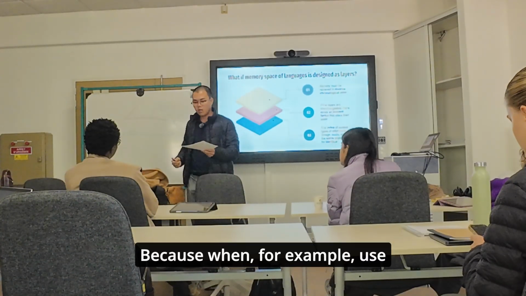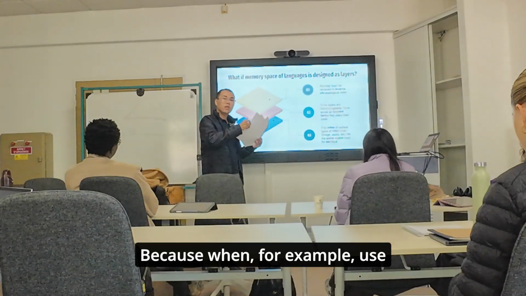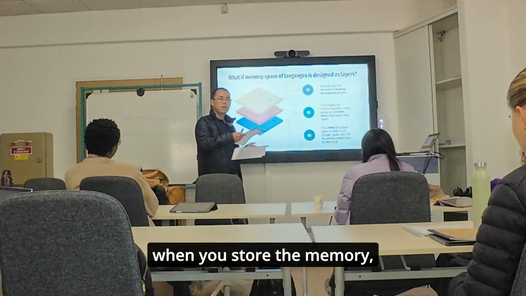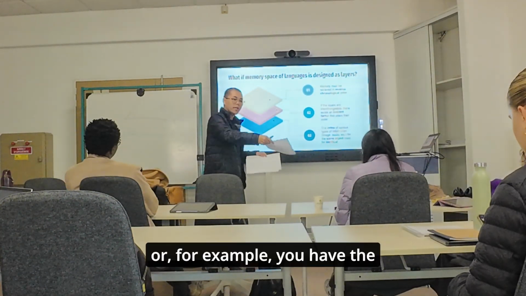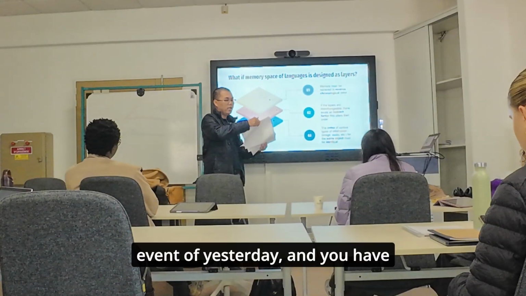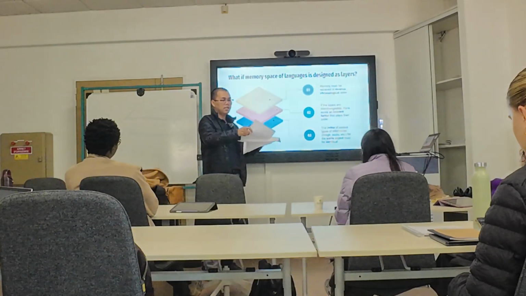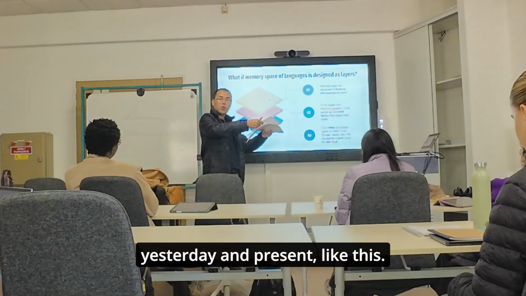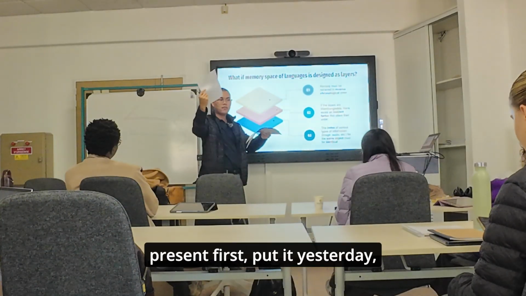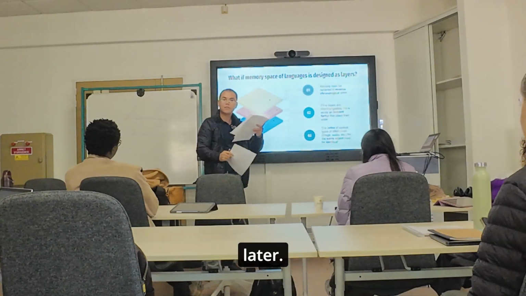Why? Because when you store memory, for example, you have the event of yesterday and the event of the present. When you retrieve it, you get the present first, and the yesterday later.